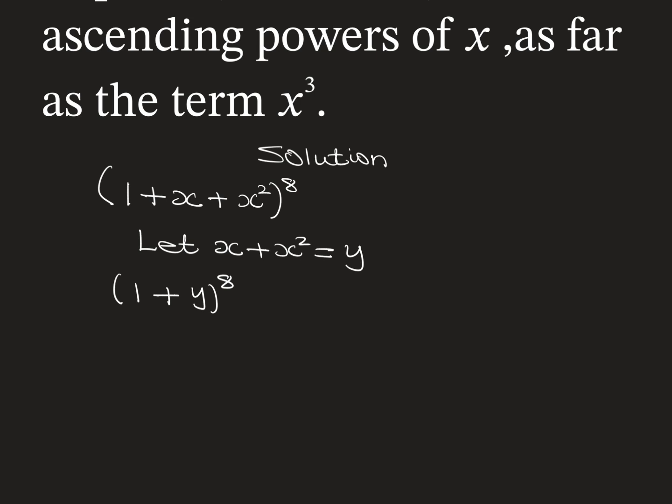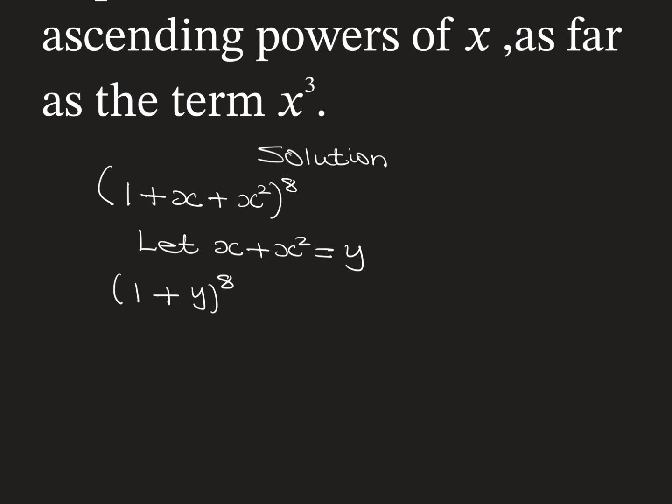But the other thing that we have in the question is it wants us to expand in ascending powers of x. So when we say ascending powers of x, we mean that the powers of x have to increase. So it has to start from a lower power to a higher power.